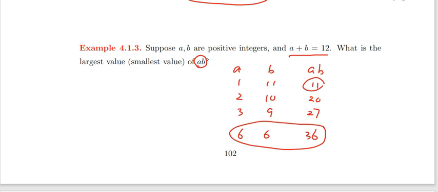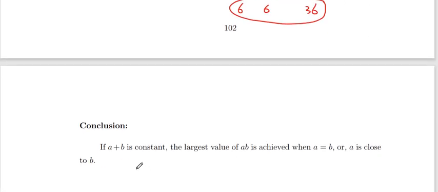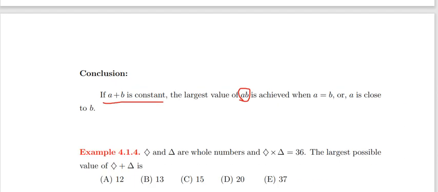Here we have this conclusion: if a plus b is constant, then the largest value for a times b is when a and b are close or equal.